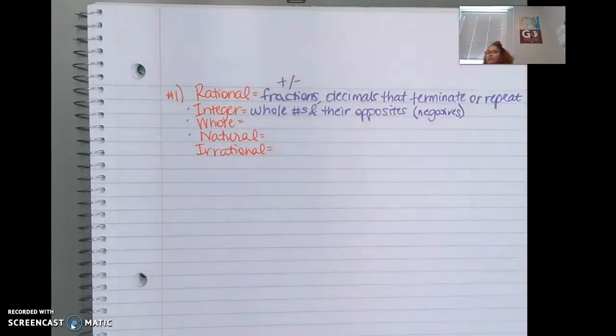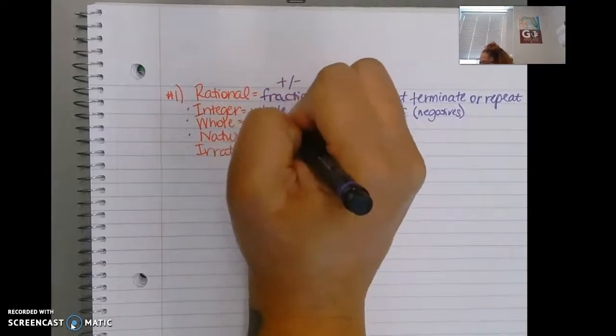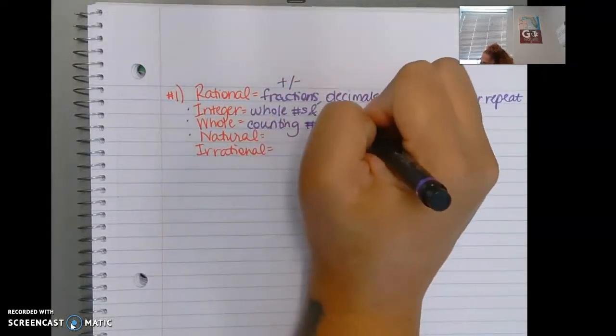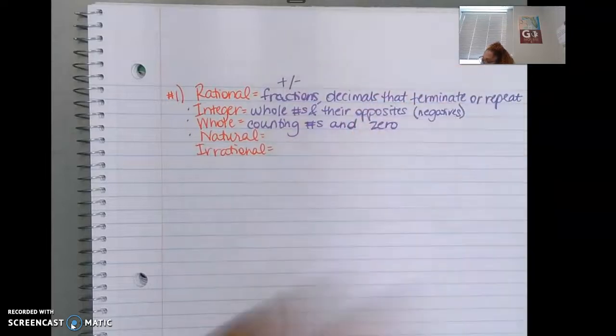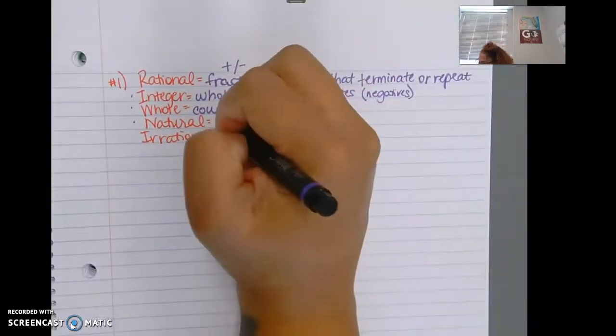No, unless they equal 0 or unless they simplify to a whole number or its opposite. What's a whole number? Counting number and what? And 0. Good. What's a natural number? Counting numbers.